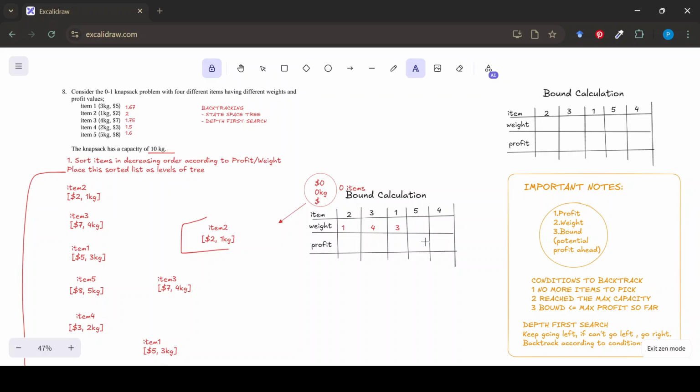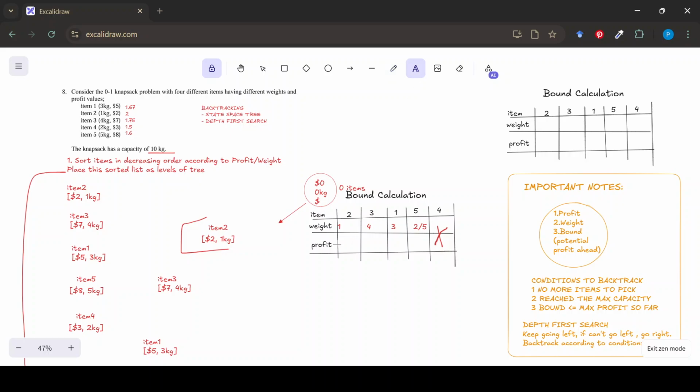So 2 kg is left. What we can do is take a fraction of this item, which will be 2 out of that 5 kg. Now our bag is full, so we have reached 10 kg, so we cannot consider item 4 anymore, and we just stop here.